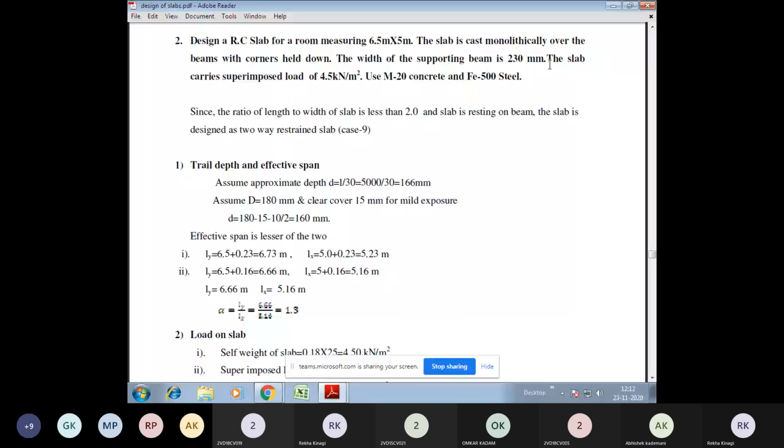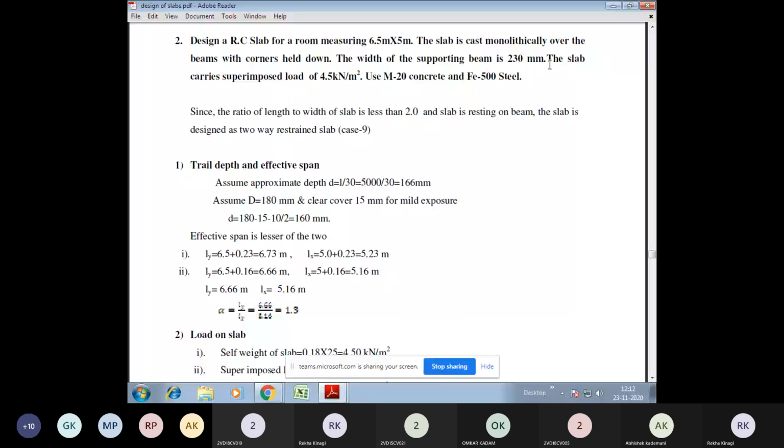In Table 26, which of these 9 cases do we need to refer? In order to decide that, there are no details like one of the edges discontinuous, two edges discontinuous, two adjacent edges continuous. There is no such data given in the numerical.